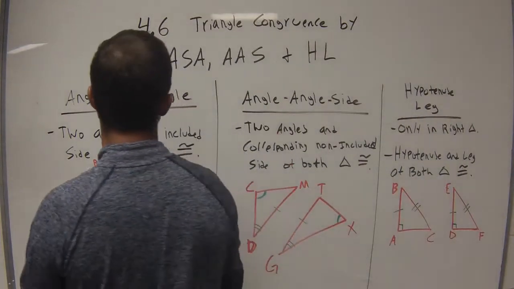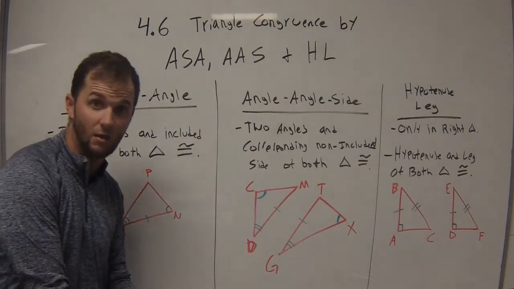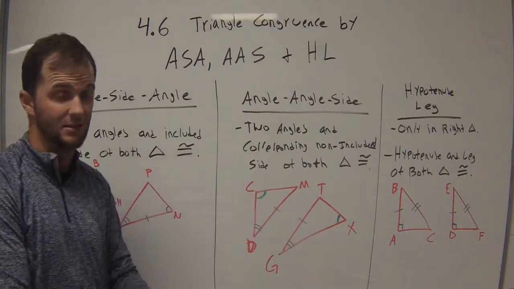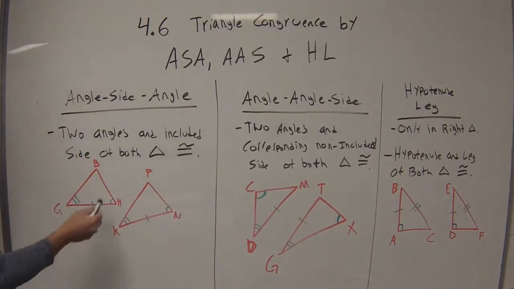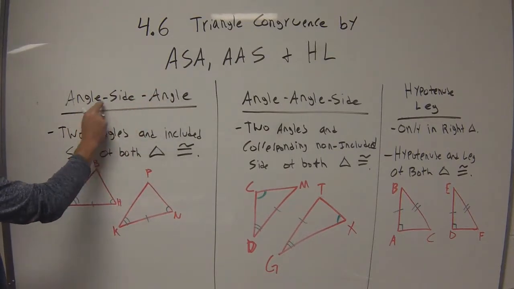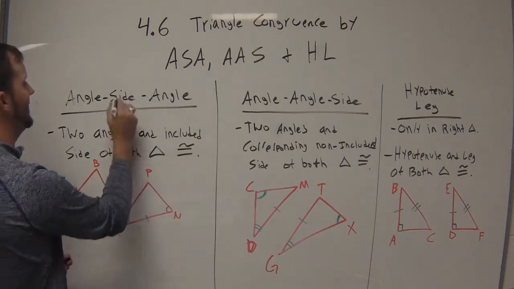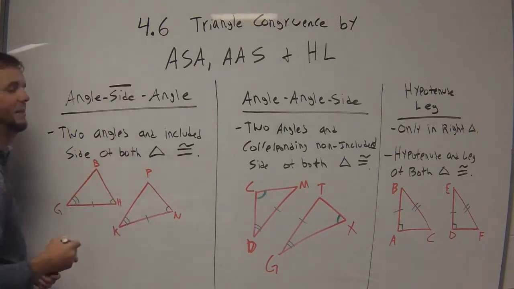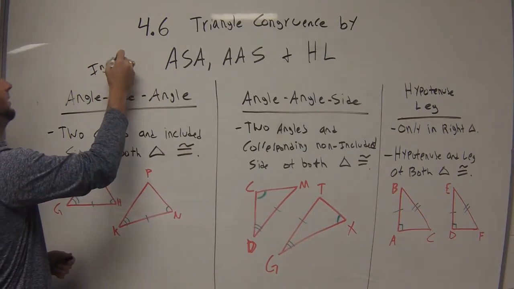So the first one we're going to look at is ASA, which of course the A stands for angle, the S stands for side, because that's all that triangles are made up of. So here we go. ASA stands for angle, side, angle. And the main thing I want you to look at again is the side is in the middle here. So this is going to be known as included again.